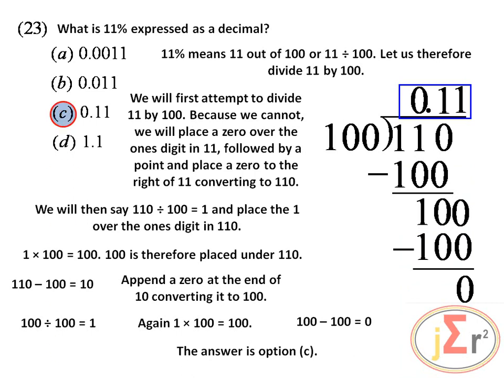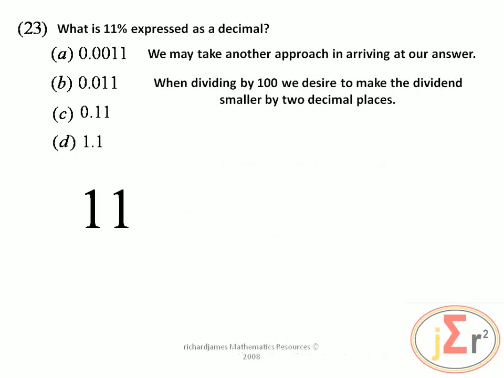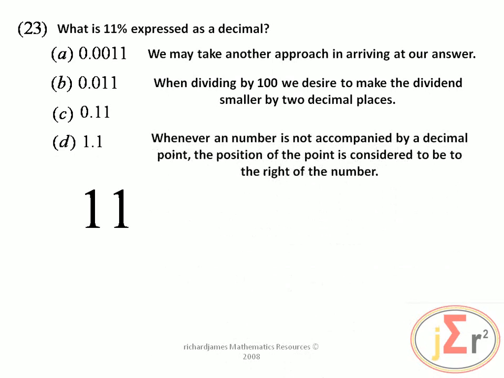What is 11% expressed as a decimal, we are going to take another approach. When dividing by 100, we desire to make the dividend smaller by 2 decimal places. Whenever a number is not accompanied by a decimal point, the position of the point is considered to be to the right of the number.